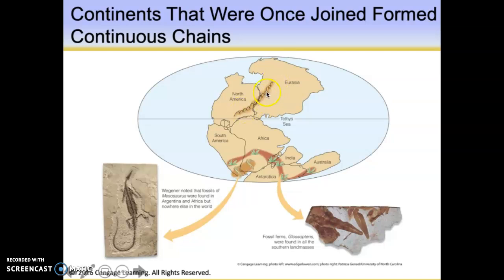You'll notice up here, North America and Europe, we have an ancient mountain range that connects up across. And there are actually a lot more rocks associated with this. There are more geological things that cross this boundary. So this is just a highlight of a few of the items.